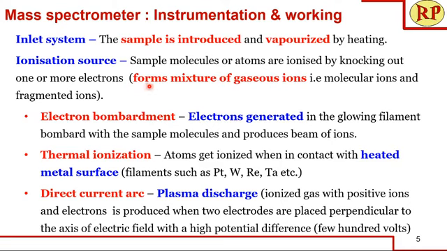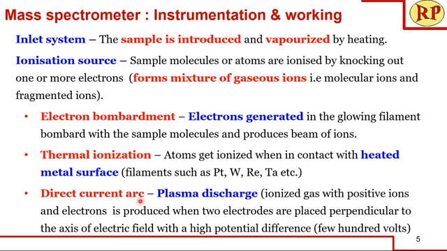Actually, one electron is normally pushed out, but if the energy of the beam of electrons which are produced in the ionization chamber is high, it can even push 2 electrons out. So commonly we get +1 charged ions, but sometimes rarely we get even +2 charged ions.